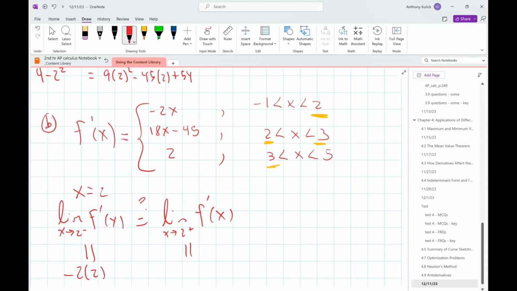That one is going to be 18 times 2 minus 45. The key here is that they're not equal. So the limit doesn't exist there. So the derivative is undefined at 2. So it should be strict less thans on both of the 2's. None of them are closed.